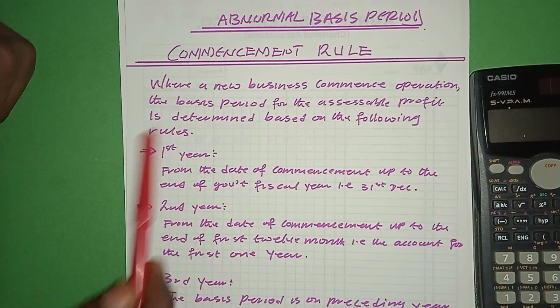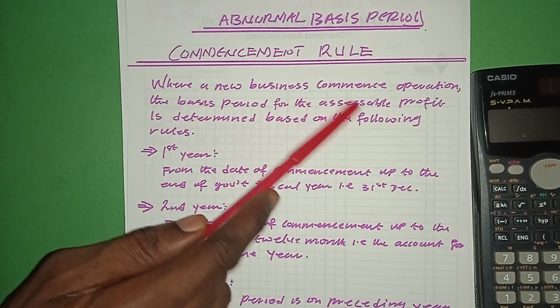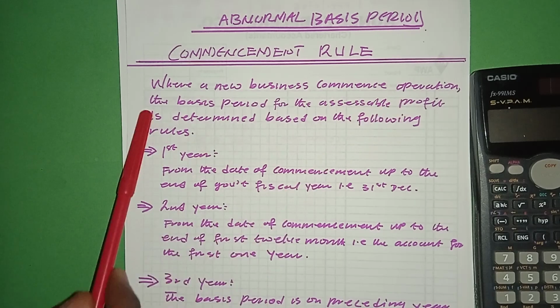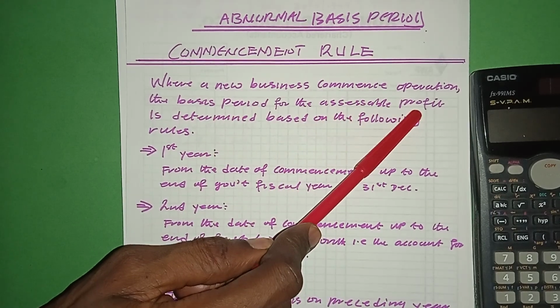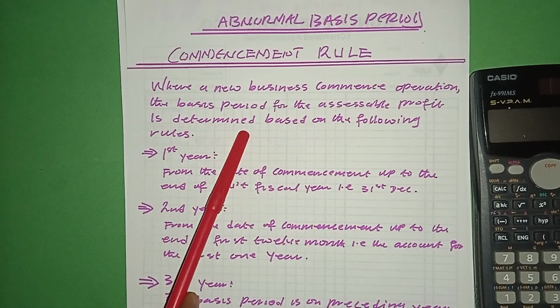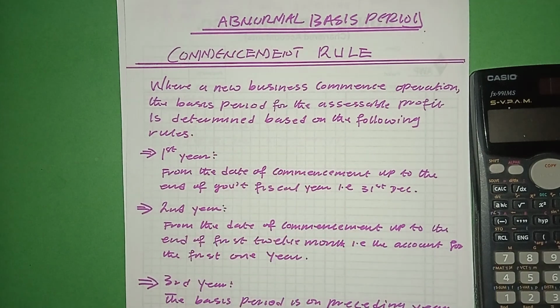Commencement rule. Where a new business commences operation, the basis period for the assessable profit is determined based on the following rule. For every business that is starting, there are rules that you have to follow to calculate the tax.